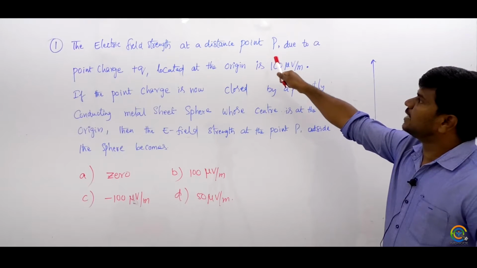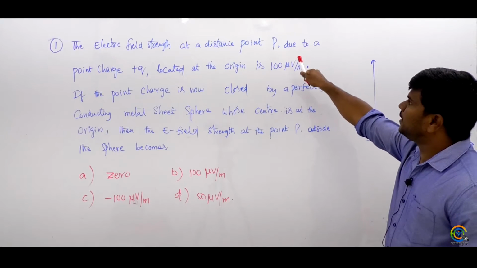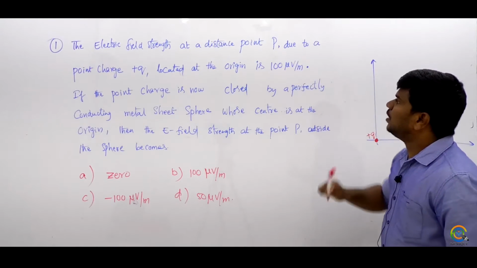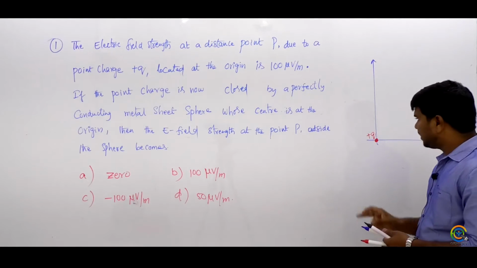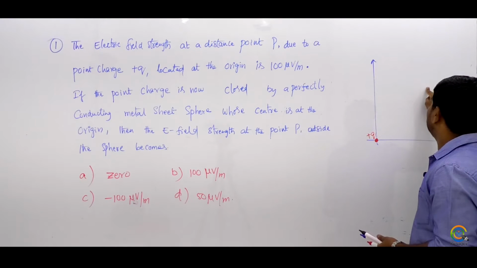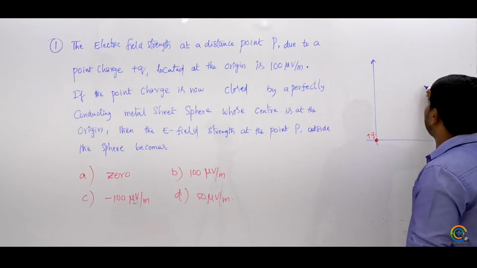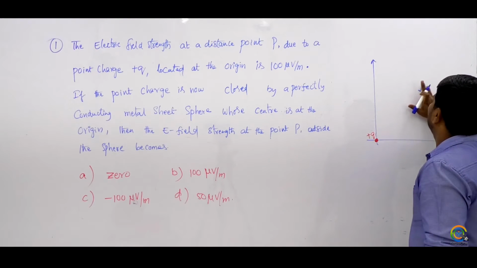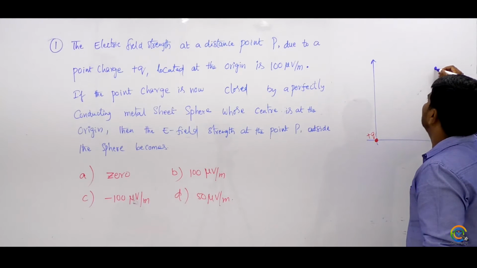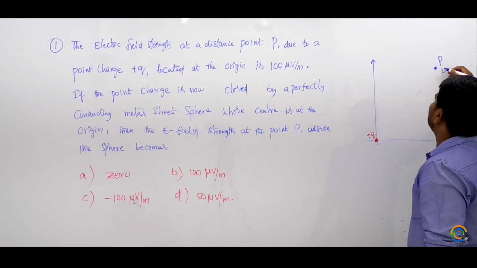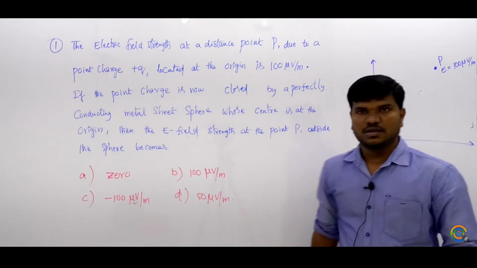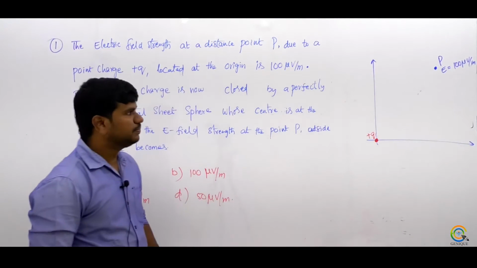Now the electric field strength at a distant point P due to the point charge is 100 microvolts per meter. So at point P, the electric field intensity is 100 microvolts per meter. It is the given data.